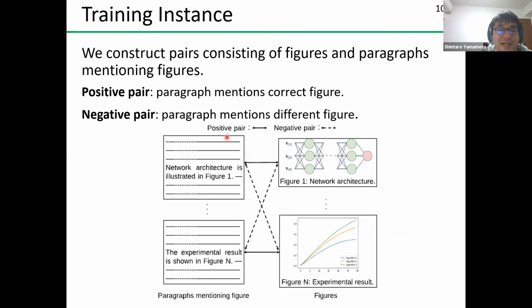So for this paragraph, figure 1 is paired as a positive pair. And for a negative pair, we consider a paragraph which mentions a different figure. So for example, this paragraph mentions figure 1, and figure n is paired with this paragraph.